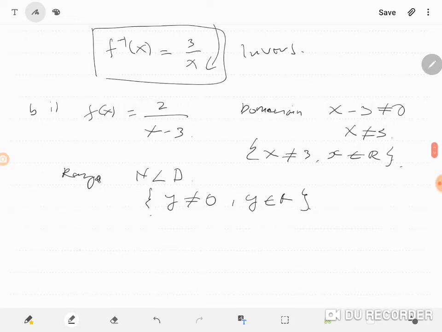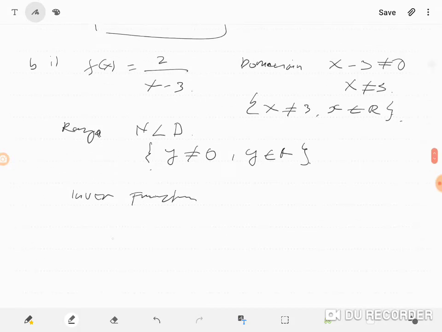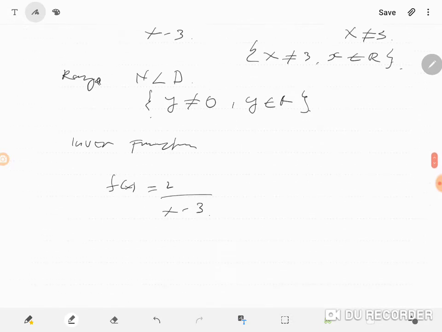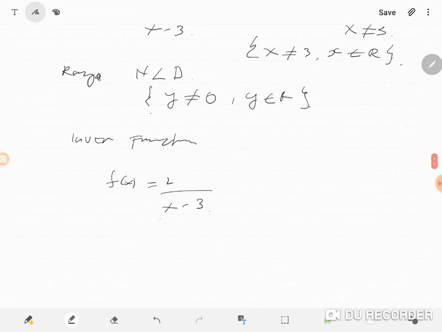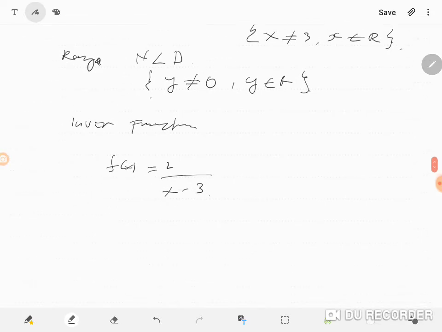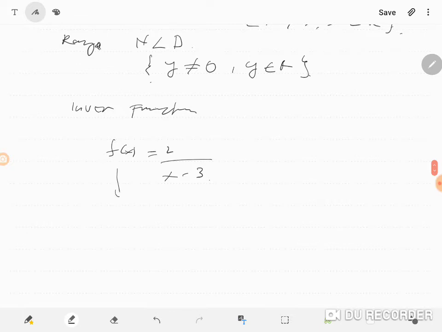And then for the inverse function, remember to make x the subject. Our f(x) equals 2 over x minus 3. To find the inverse, you make x the subject, but you change f(x) into y first. So y equals 2 over x minus 3.